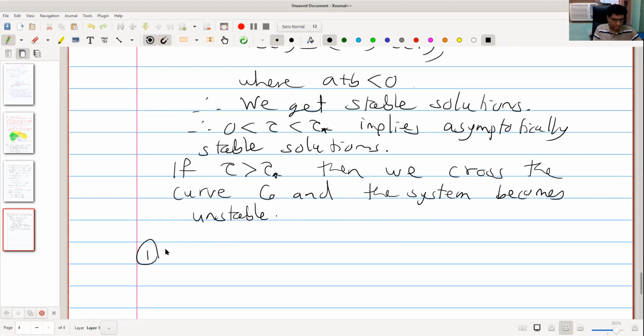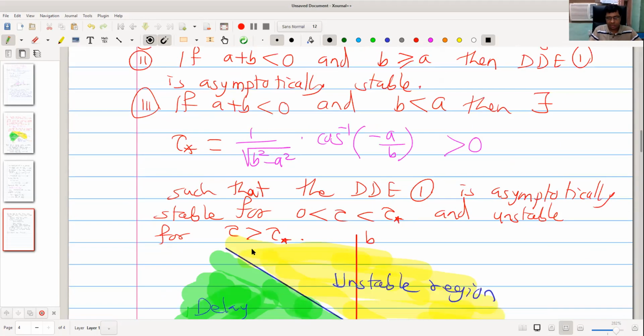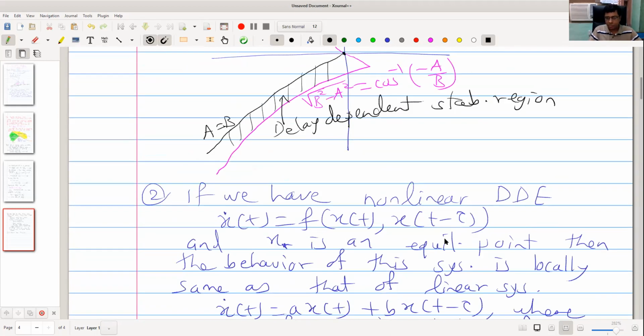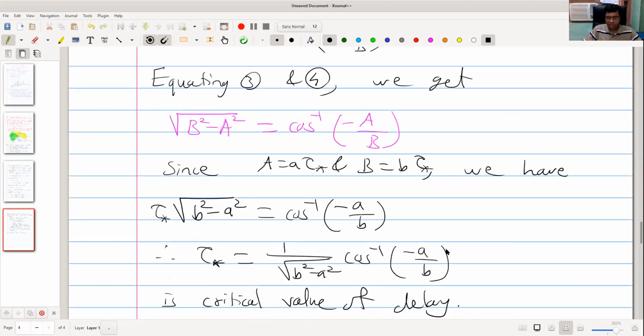The first argument is: if a plus b greater than 0, then we get unstable behavior. If small a plus small b is greater than 0, then of course capital A plus capital B is greater than 0, and therefore we are here. Capital A plus capital B greater than 0 means we are in the unstable region.